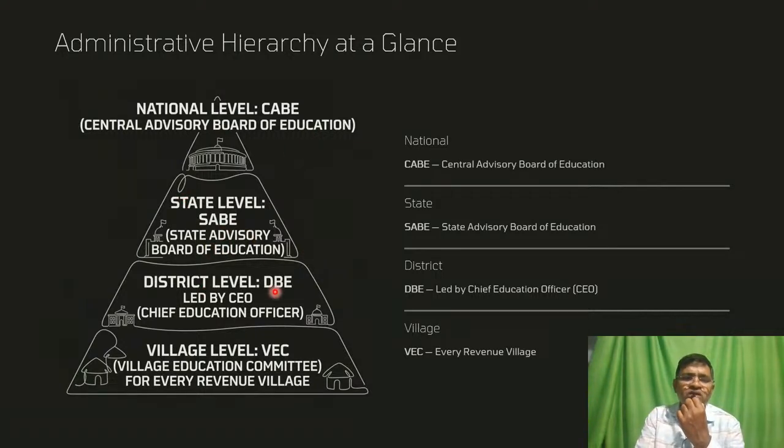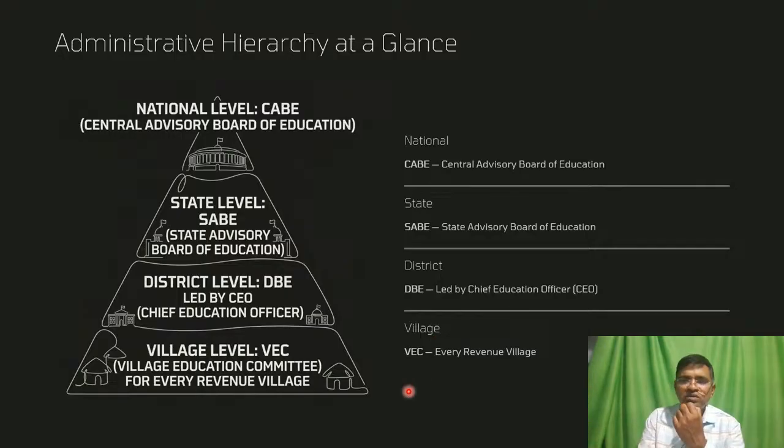At the district level, there is the DBE, the District Board of Education, led by the CEO, Chief Education Officer, not the DEO. At the village level, the Village Education Committee for every revenue village. You have to remember this hierarchy.